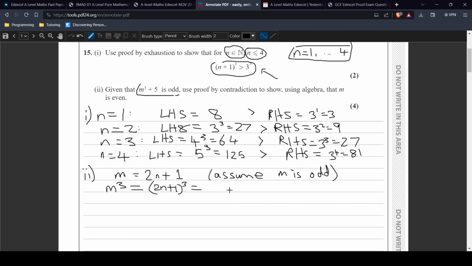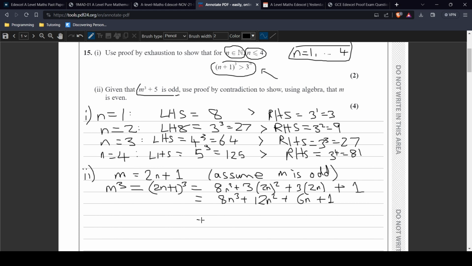Now this is just a binomial expansion, so we get 8n cubed plus 3 times 2n squared times 1 plus 3 times 2n times 1 squared plus 1 cubed, so just 1. Now just simplifying this, so 8n cubed plus, well, 4n squared times 3, so 12n squared, 3 times 2n, so 6n, plus 1.